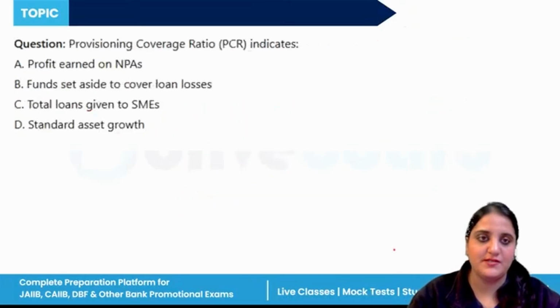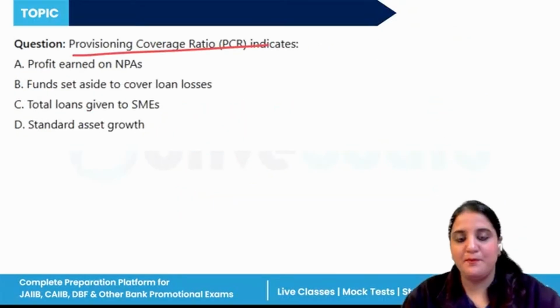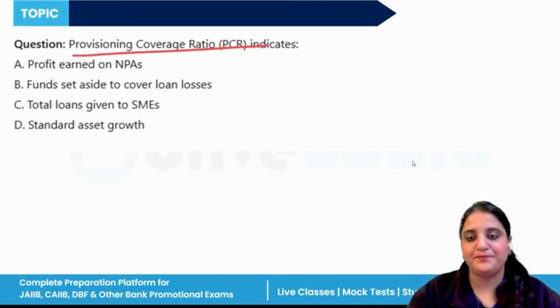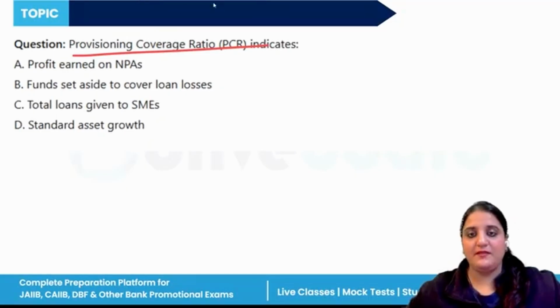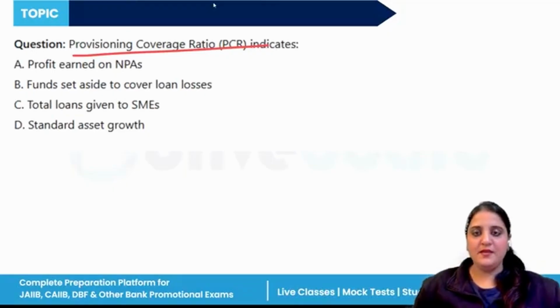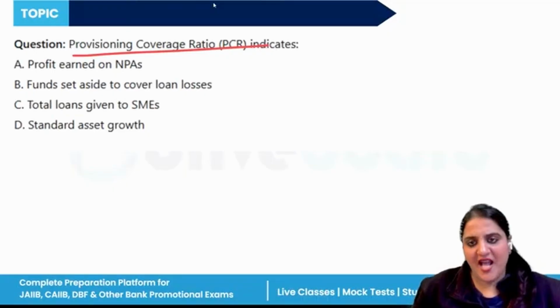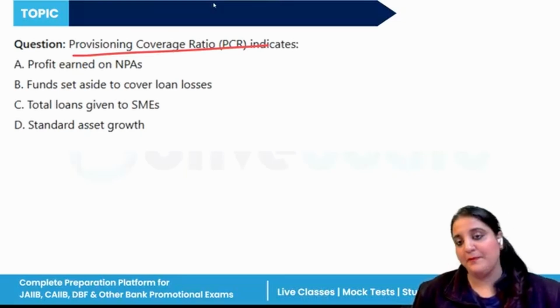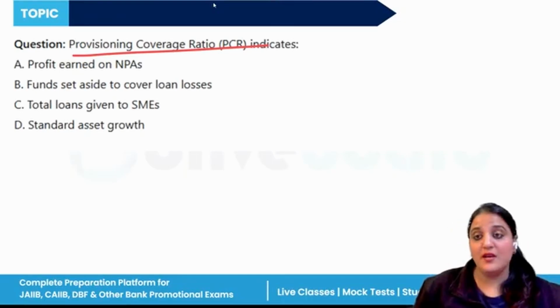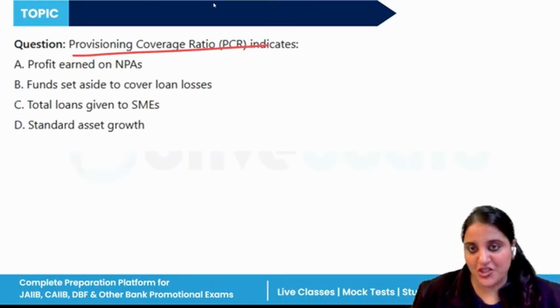Now, what is PCR? Provisioning coverage ratio. The concept is very easy. Say your branch has 100 crore in NPA. Out of this, the bank has kept 60 crore aside as provision.